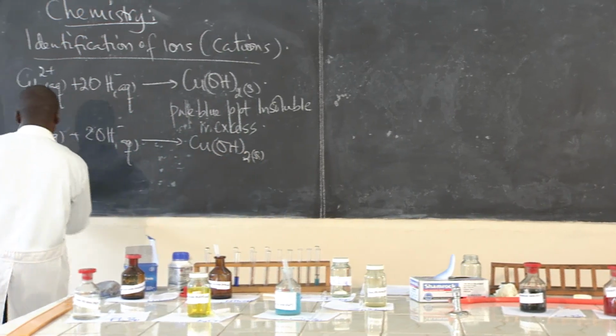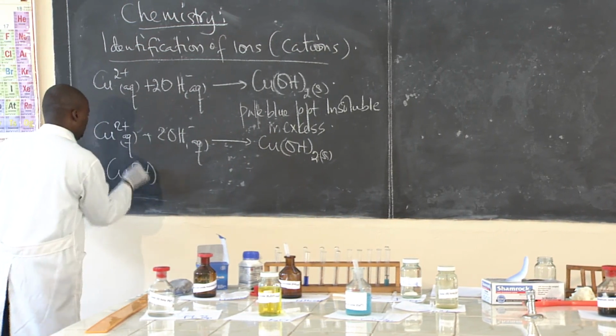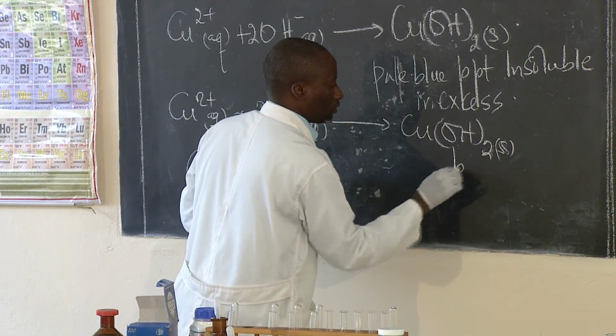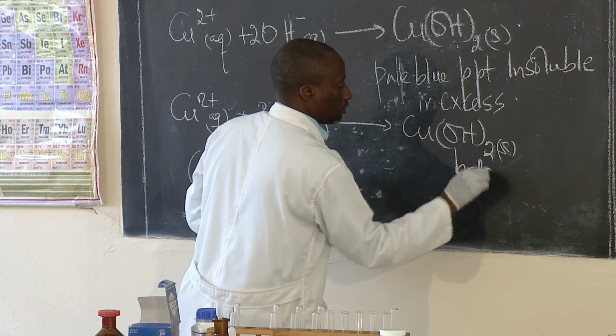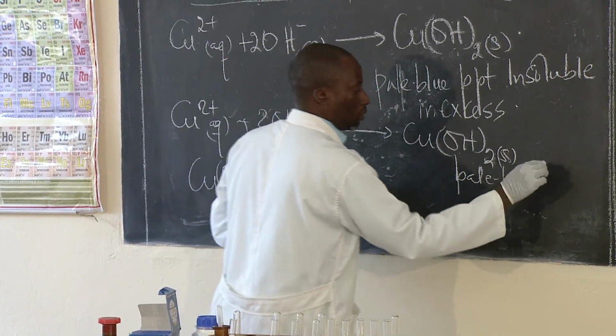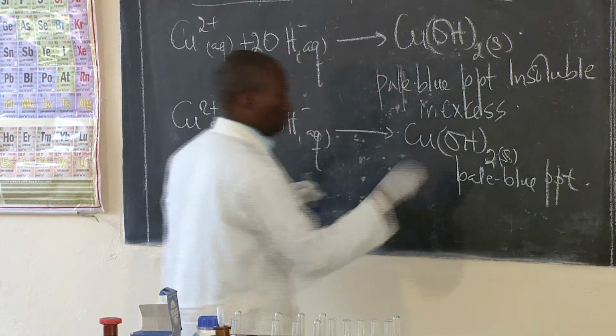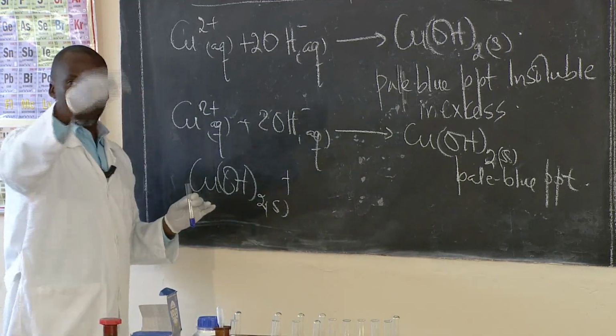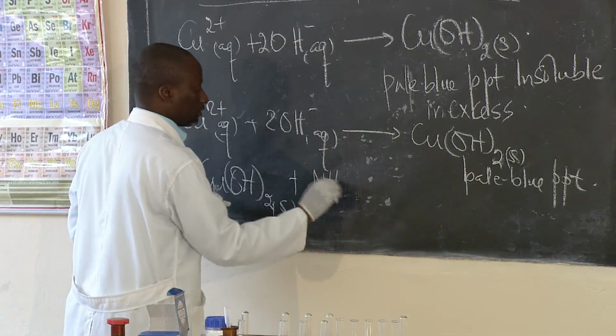So it means that the copper 2 hydroxide, this pale blue precipitate, this is the same precipitate, now reacts with excess ammonia.